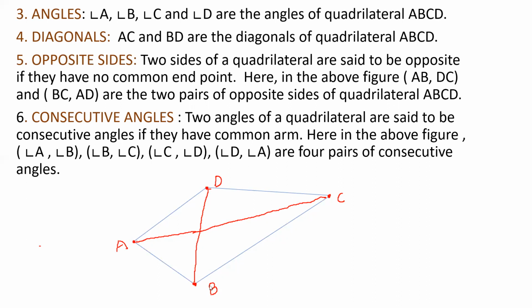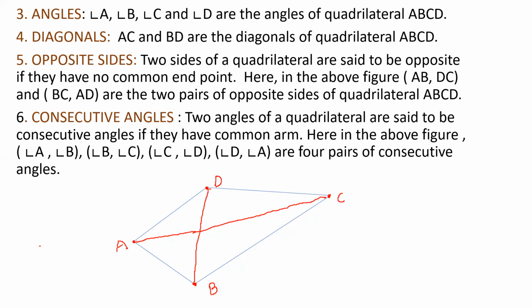B's consecutive angles are A and C, C's consecutive angles are B and D, and D's consecutive angles are A and C. In a parallelogram, some properties are applicable to consecutive angles and some to opposite angles.